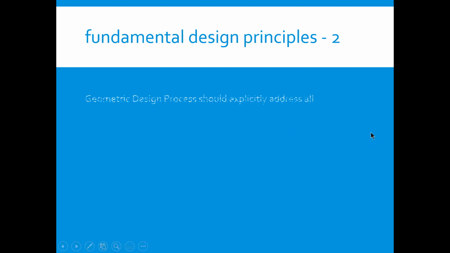Fundamental design principle 2. The geometric design process should explicitly address all potential and legal road users. Roads and road corridors are now understood as serving transportation needs, not only for motor vehicle drivers and passengers, including motorcyclists, but also cyclists and pedestrians.